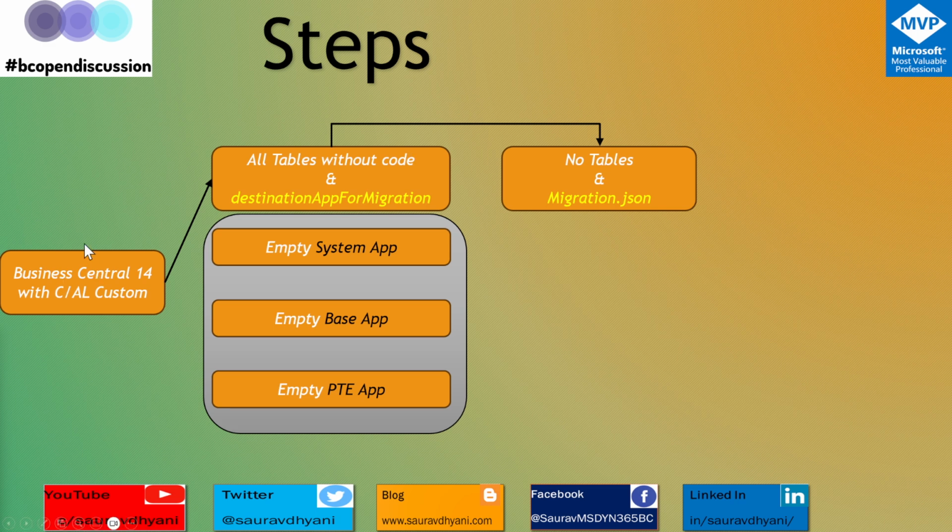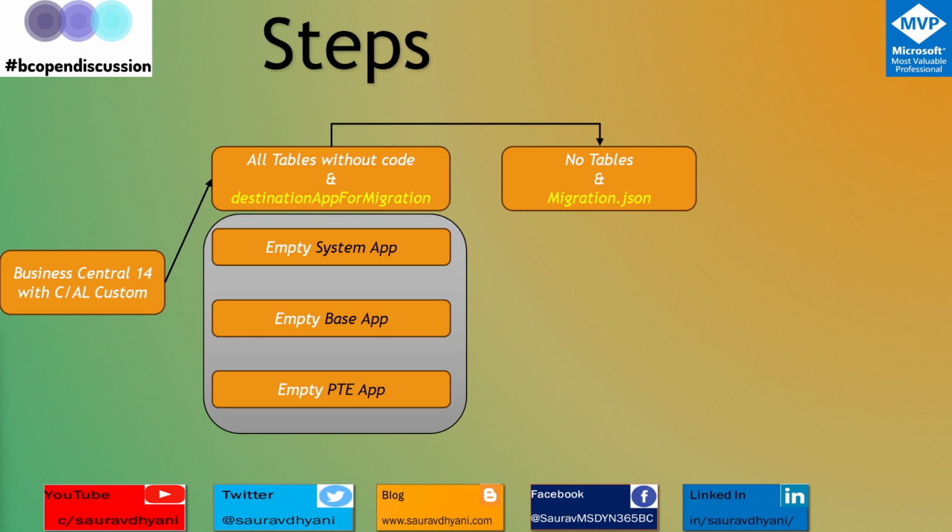So first, from a Business Central 14 C/AL, you move all your data to an extension which has all the tables, either Microsoft tables or your custom tables. Then you create another version of this app which has no tables. If you look at it from an extension perspective, it's a destructive change, but the system does not consider it destructive because there is a migration.json which defines where this data needs to go.